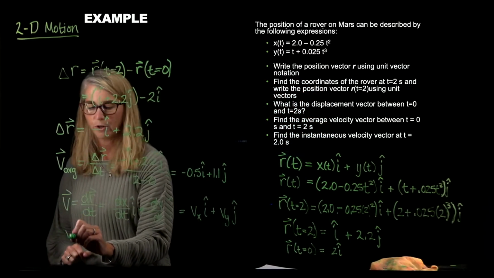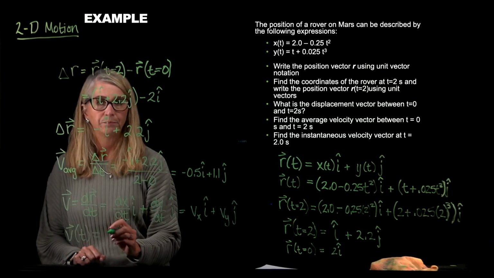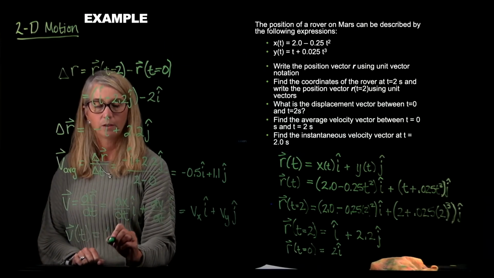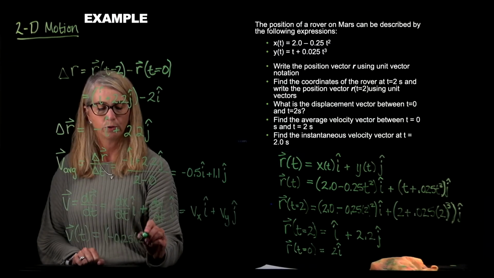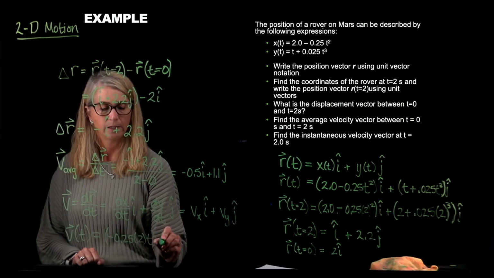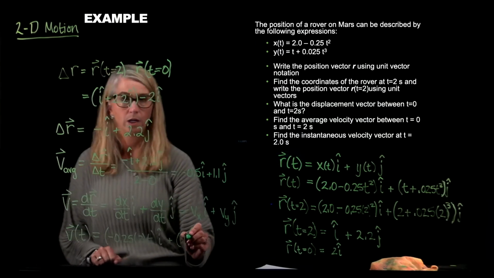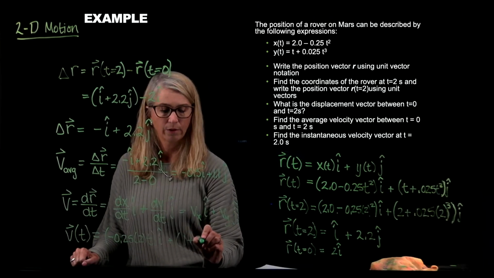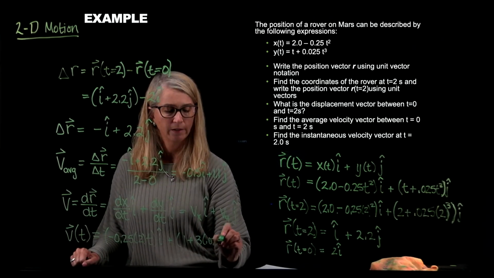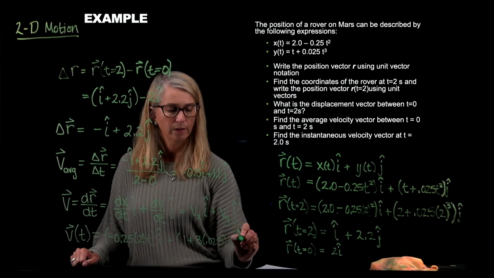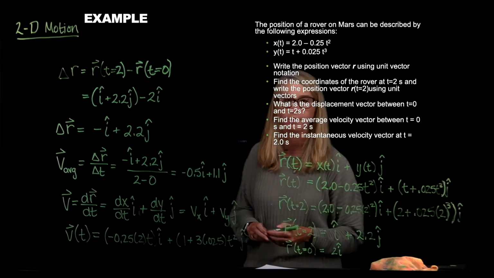The general expression for velocity as a function of time is going to be minus 0.25 times 2 times t for the x component, and the y component is going to be 1 plus 3 times 0.025 times t squared. So I'll just step away so that you can see that.